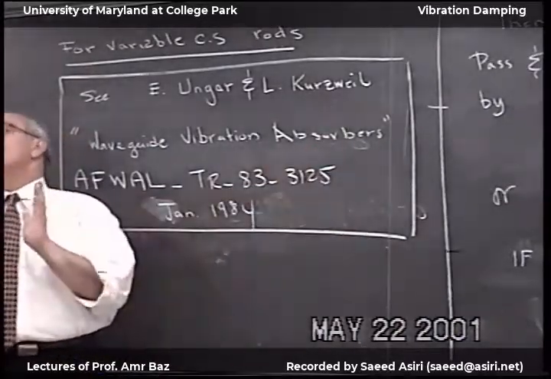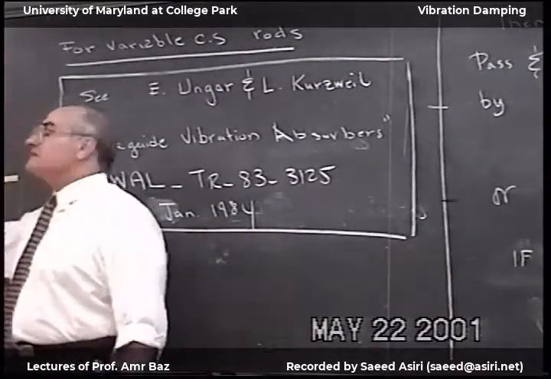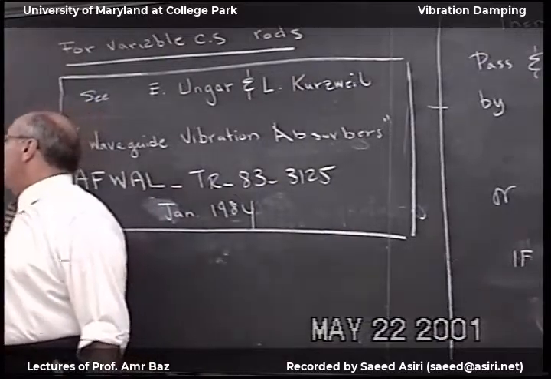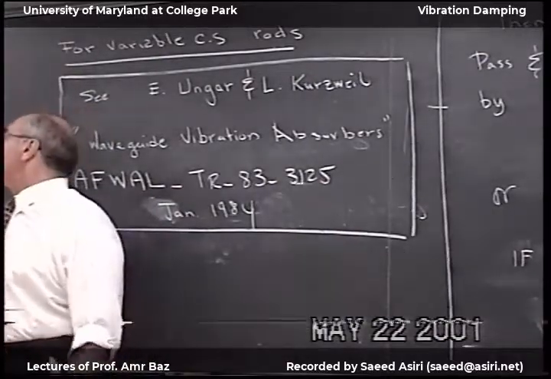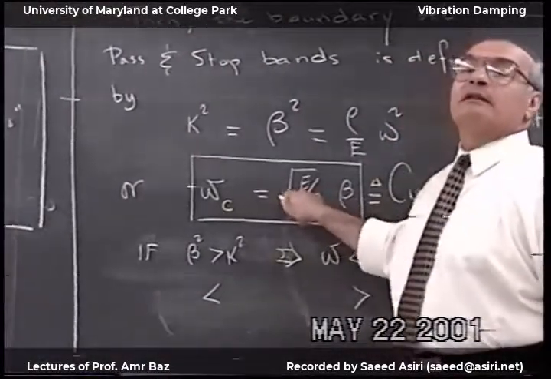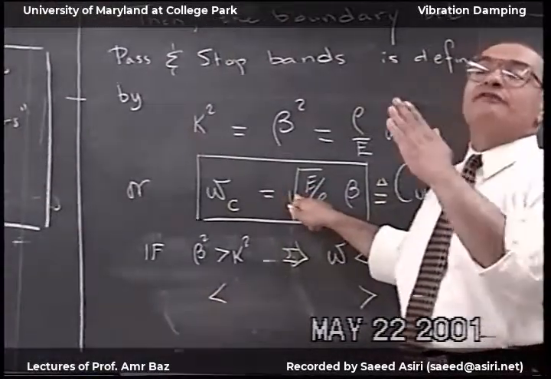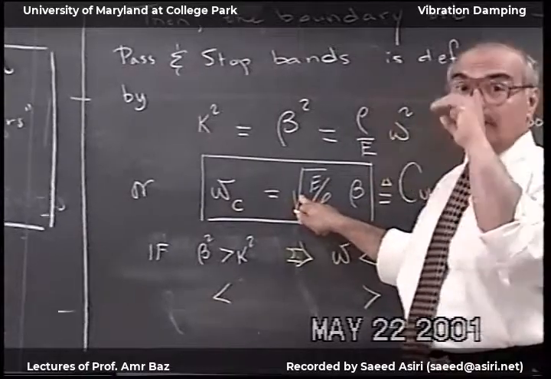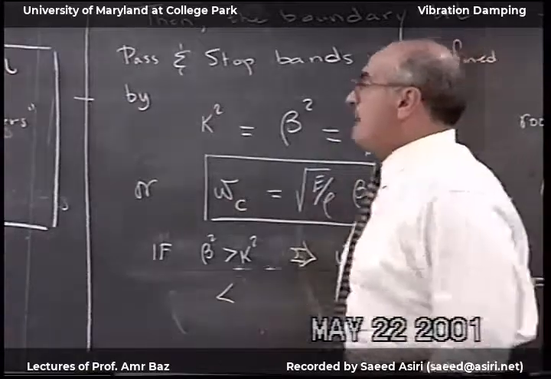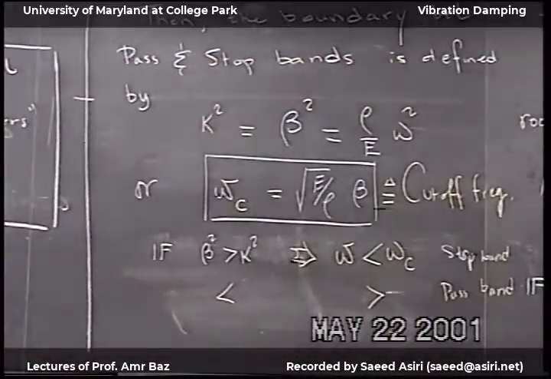But you can shape it any shape you want, and then you can get this characteristic. And if we add to this idea the effect of tuning the Young's modulus, then I can shift the pass band and the stop band boundary as we desire depending on the excitation.